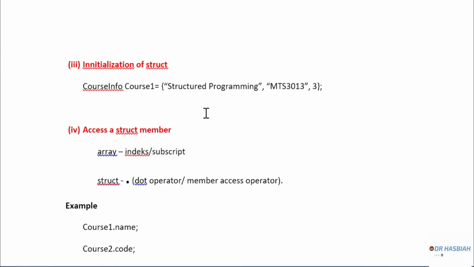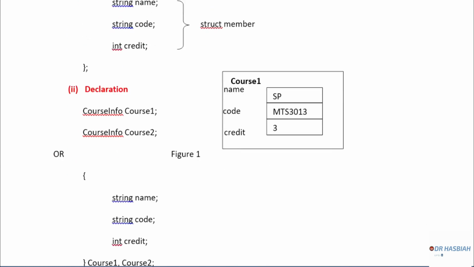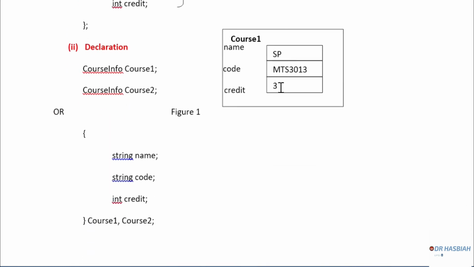If you write this initialization, you will have structured programming in this box, and then MTS 3013 and then 3. So this is the way to input the data in this struct. We have the struct members here, name, code and credit. So that is the initialization.